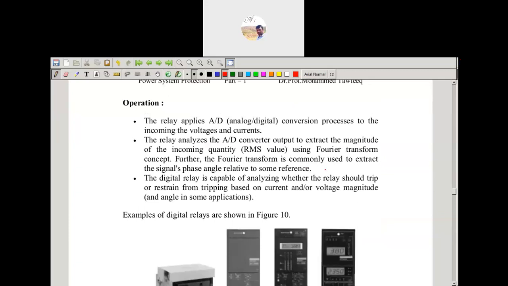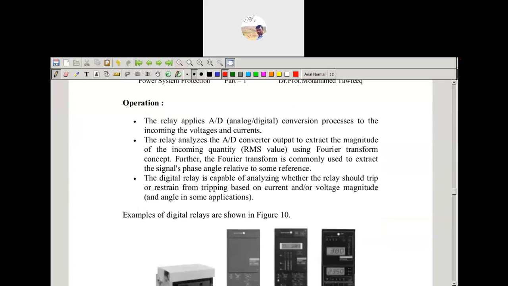Mainly that is the input signal. Whatever input signal we are giving, the CTs and PTs will convert it to digital form, and the digital form is compared with whatever preset value is given, against the actual value collected by the CTs.